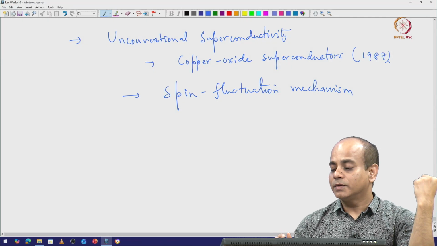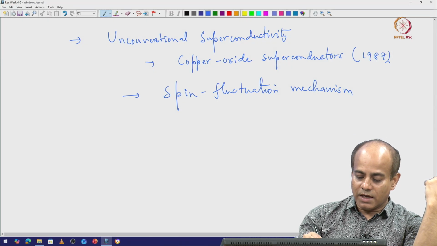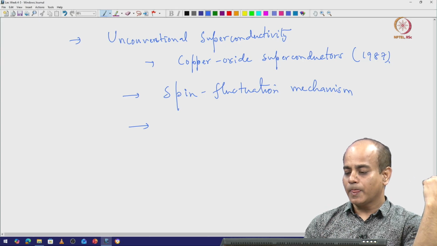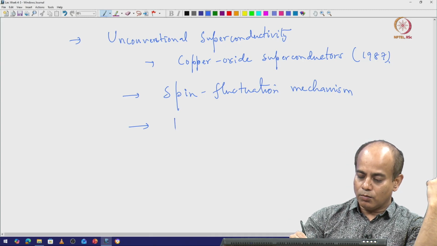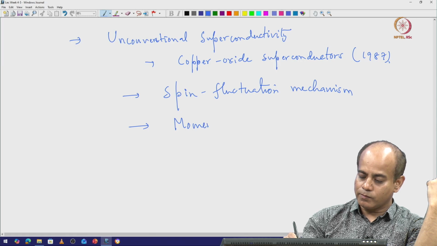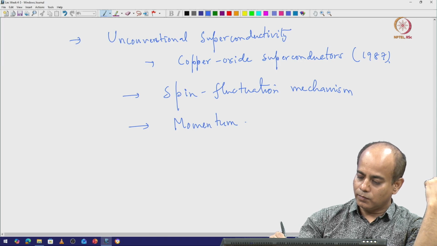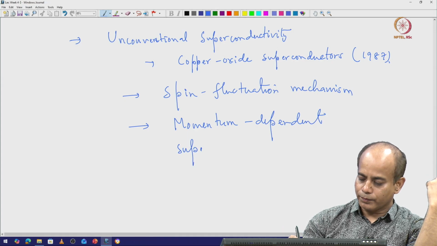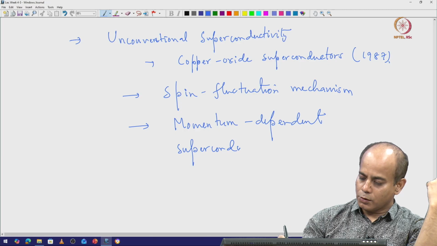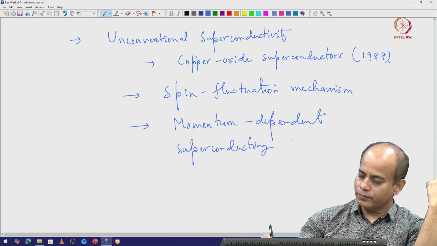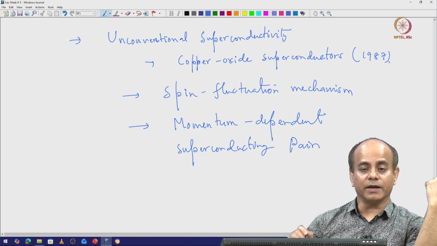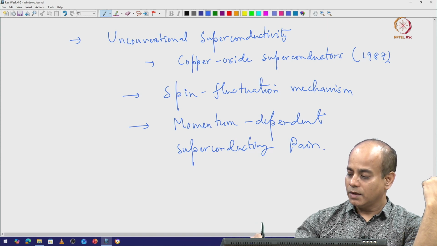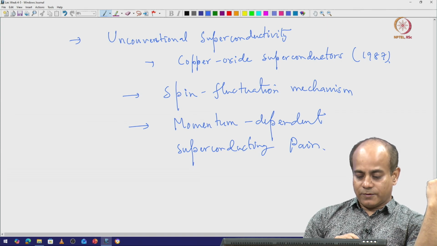Okay. And what that requires is a momentum dependent superconducting pair. Okay.